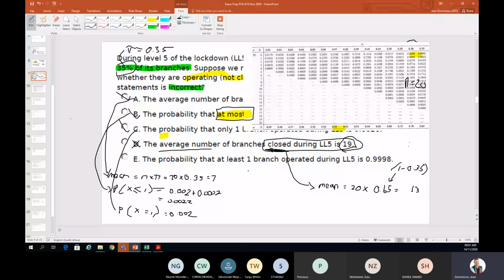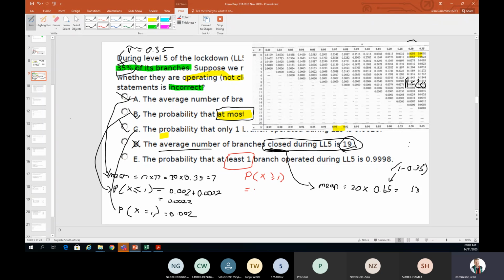But let's just look at the last one as well, the probability of at least one branch. So at least one branch is the probability of x bigger or equal to 1.